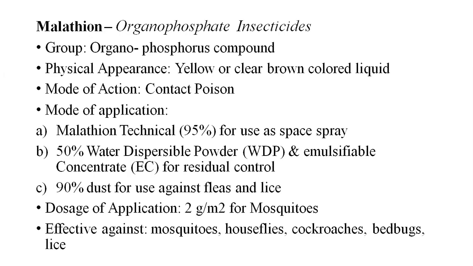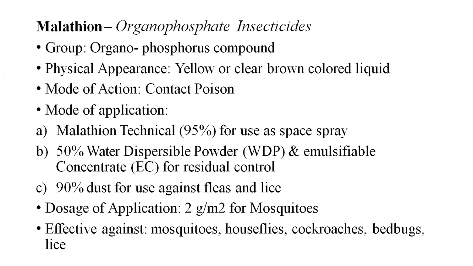So malathion is an organophosphorus insecticide. Its physical appearance is yellow or clear brown colored liquid. Its mode of action: contact poison.